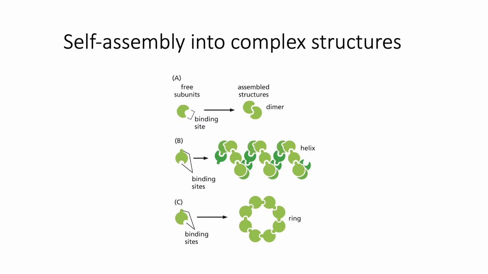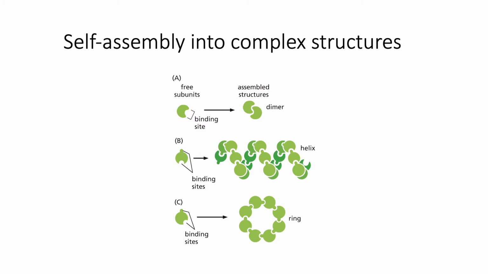And if you look at B, that may be analogous to actin filaments, where you have a protein which has a little bulge on it, and that bulge fits into that little groove on the protein, so you get these things linking together. These are referred to as complementary surfaces, and it allows self-assembly.